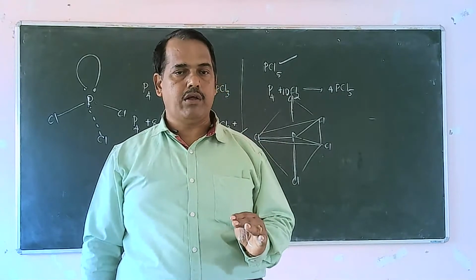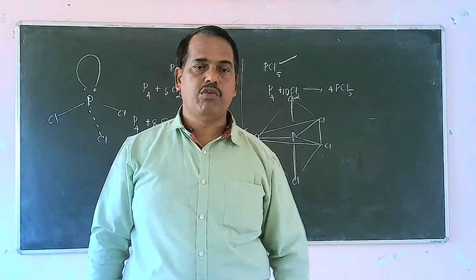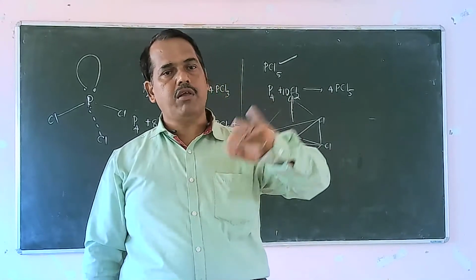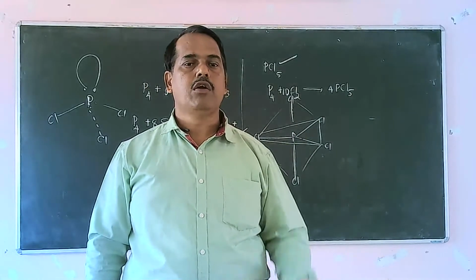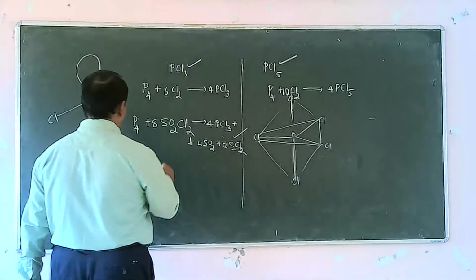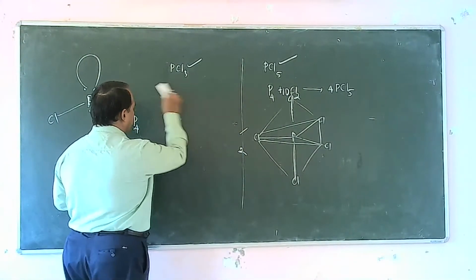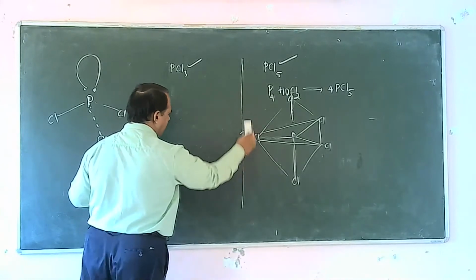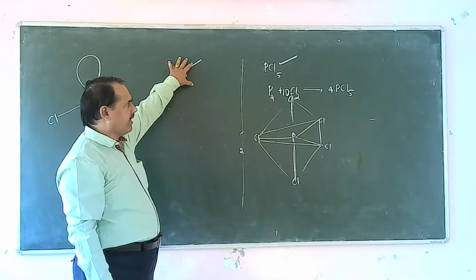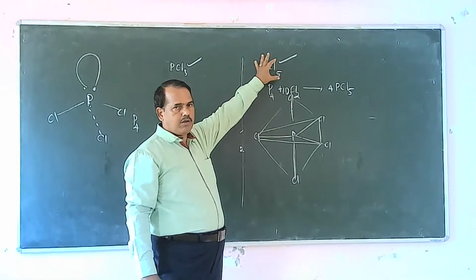See, phosphorus pentachloride reacts with certain organic compounds which contain hydroxide OH that can be easily replaced, and certain chloride compounds you will get. We should study chemical properties of phosphorus trichloride as well as phosphorus pentachloride.